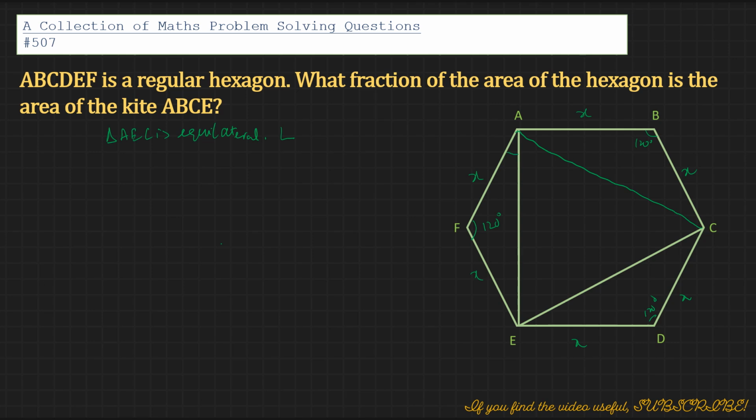FAE would be 30 degrees, and angle FEA would also be 30 degrees, and that is because if angle AFE is 120 degrees, then angle FEA equals angle FAE, because of course triangle AFE is isosceles, and that equals (180 minus 120) divided by 2, that is 30 degrees.